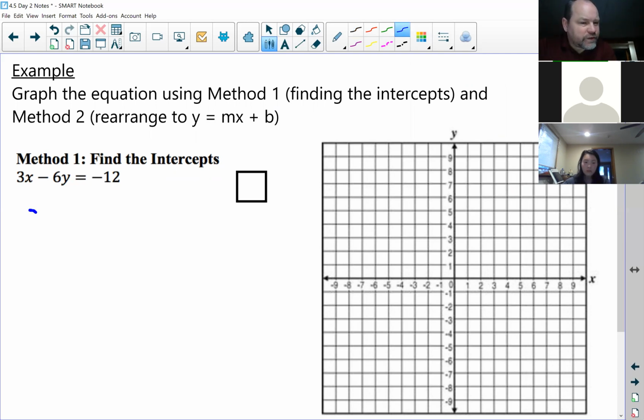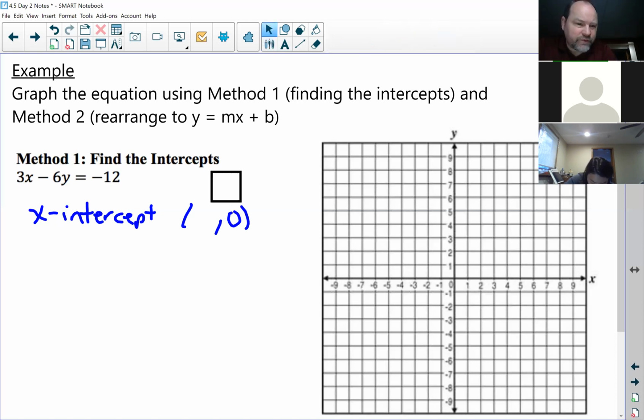So we're going to start by finding the x-intercept, which is the point where y is 0. So we cover up the y term, and we solve what's left.